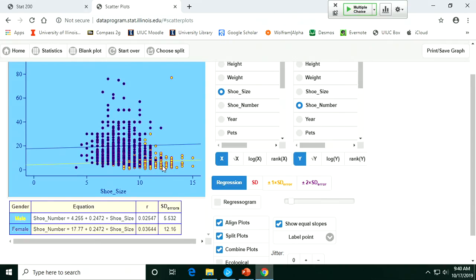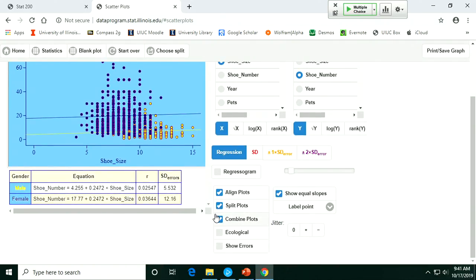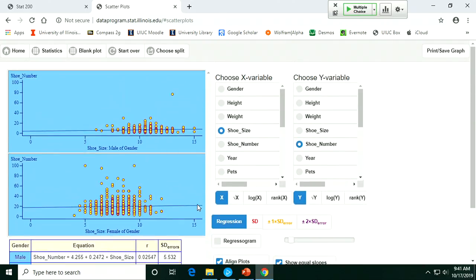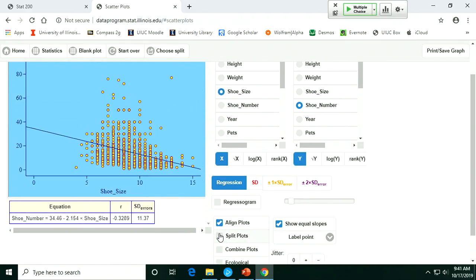These are the stratified equations right here. So when we split, that strong negative correlation that we saw here goes away. So you were right. That was the confounder. Whoever said that gender is the confounder.